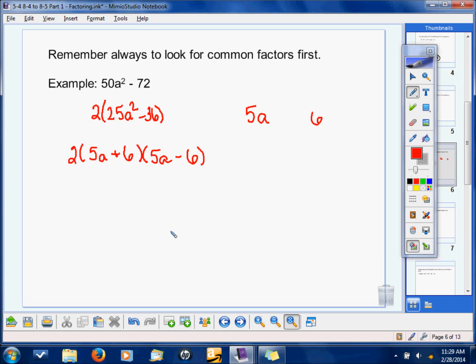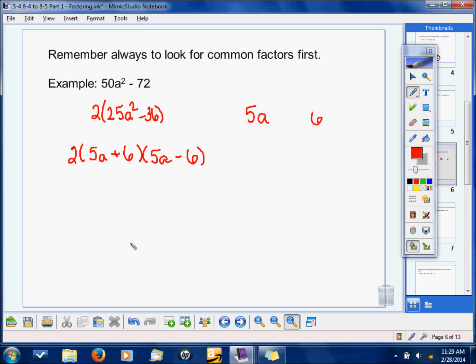Yep. I have a question. Yes. If you can reduce, but then what you reduce to isn't a square, what would happen then? If you have a perfect square and a perfect square, it's not going to reduce to not being a difference of two squares. Okay, it can't happen.